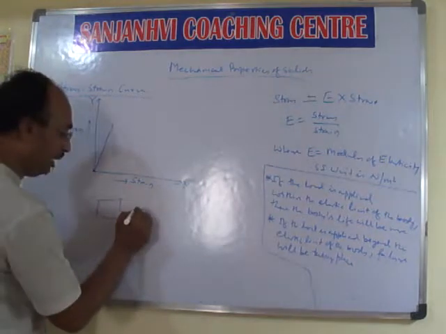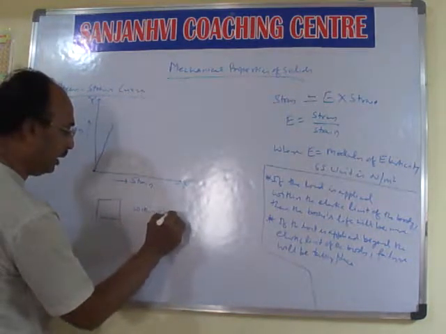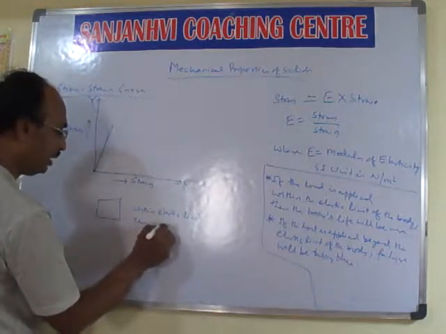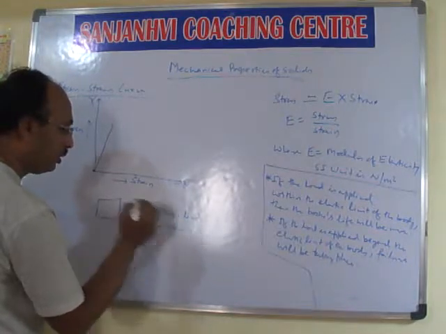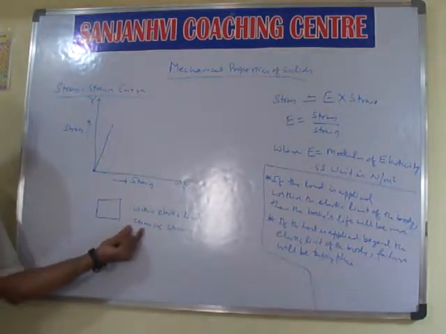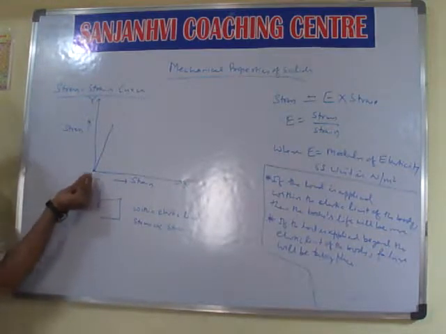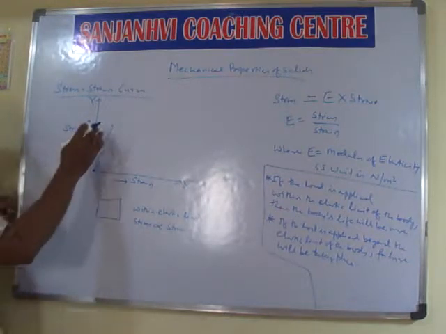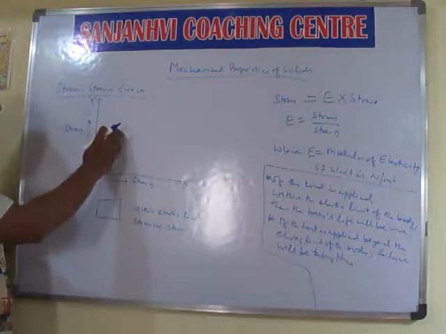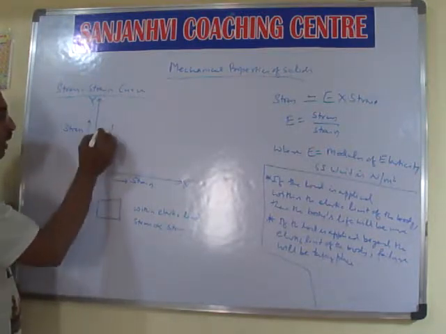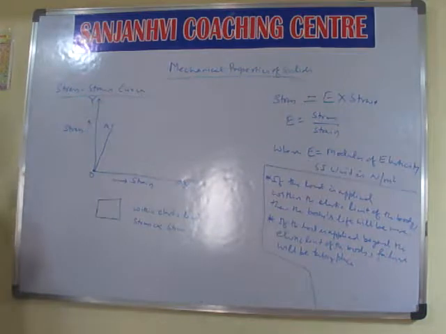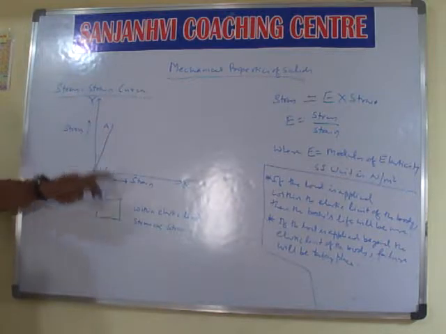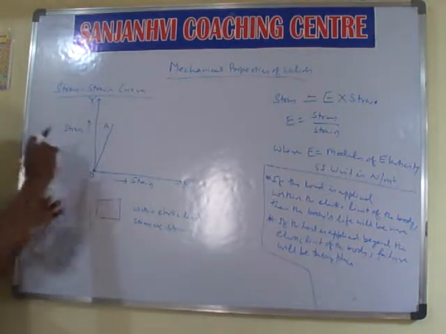Because within the elastic limit, stress is directly proportional to strain. Whatever deformation takes place will also be proportional to the stress, and you will reach a particular point here. Suppose this is O and this particular point is A. Up to A, if it is loaded within the elastic limit and you remove the load, it will come back to its original position.